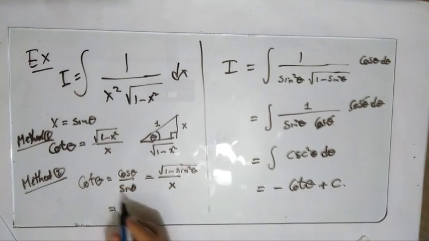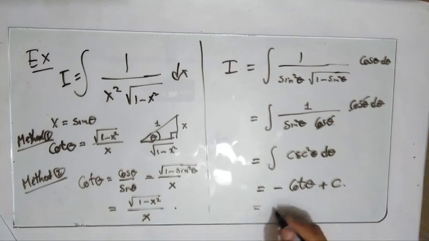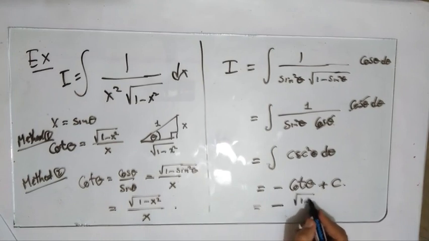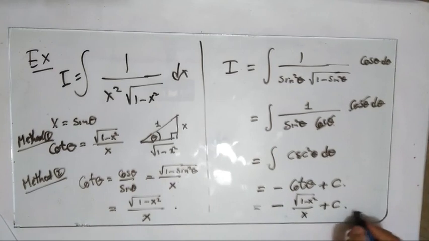So cotan theta will be the square root of 1 minus x squared over x. So you can use it here: you replace cotan theta by its value in terms of x. So it will be negative square root of 1 minus x squared over x plus c. And in this way we did it.